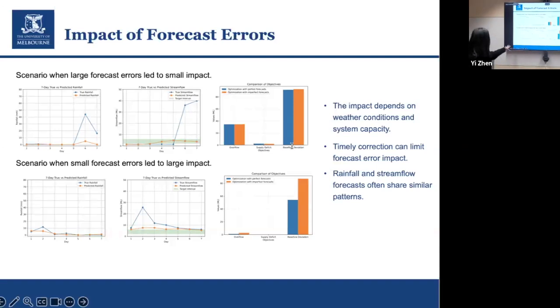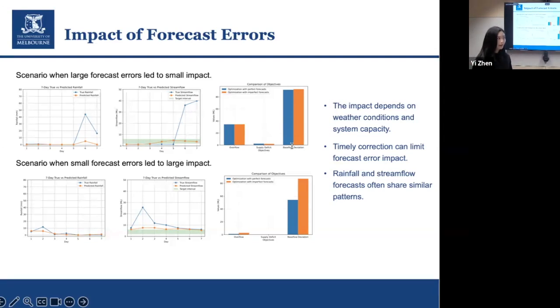We can see for the scenario here, the forecast errors in the rainfall forecast and streamflow forecast were both much smaller in magnitude compared to the one above. However, the difference in the performance is much larger. And this is because the overflow and baseflow deviation could have been reduced with perfect forecast.